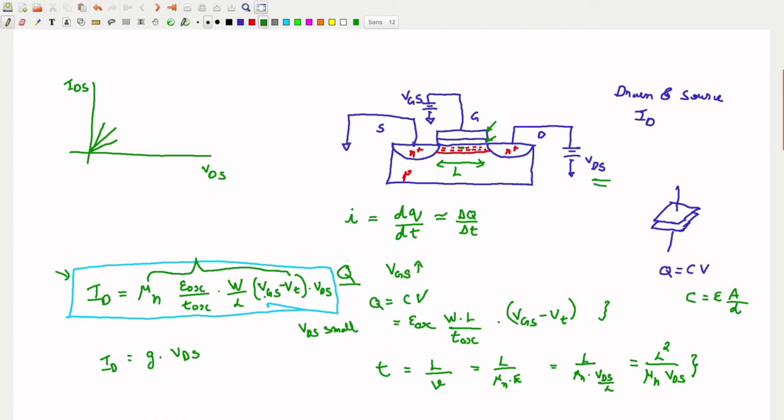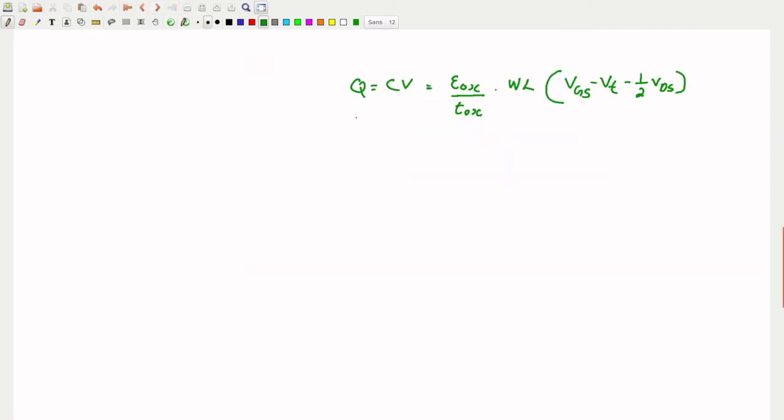So at the middle of the channel it will be half VDS. That effect is considered in writing this equation. The time t, as we had derived earlier, is equal to L square by mobility times the drain to source voltage.